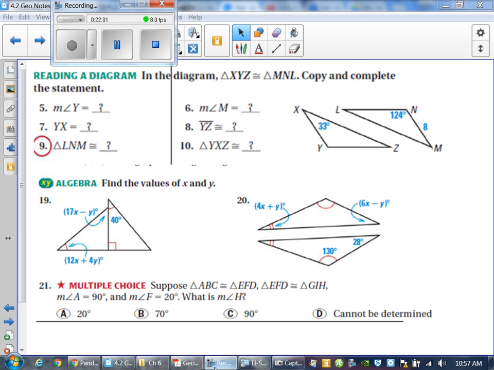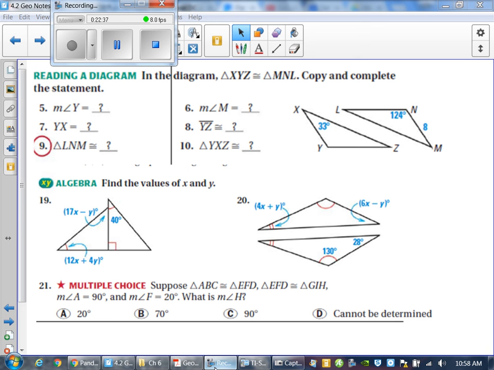Look at the lettering. The triangle LNM has to match up with what other letters? Very good. See how it's talking about the lettering? So what are the letters that it matches up with? L, N, M matches up with X, Y, Z. So wouldn't they both be 124? Well, careful. You're looking at triangle LNM. What three letters make triangle LNM matches up with the lettering for the other one, ZYX?